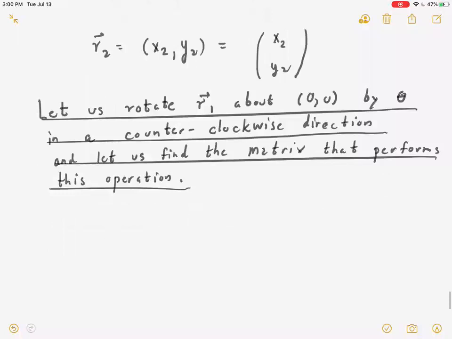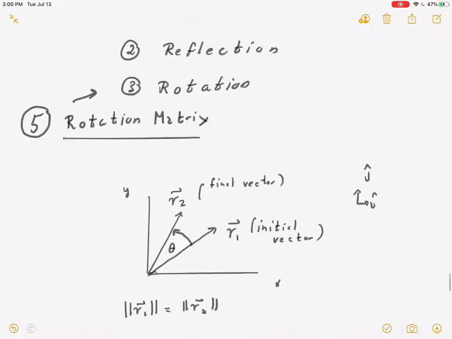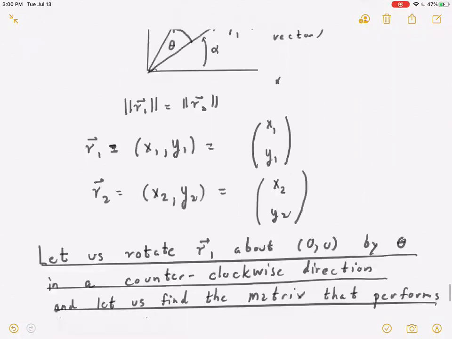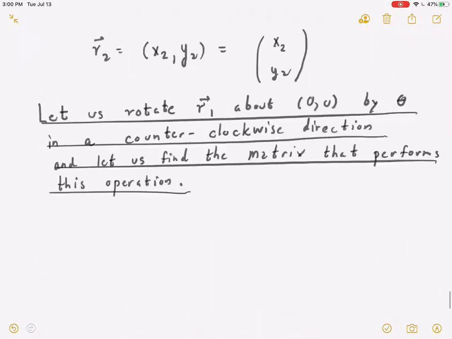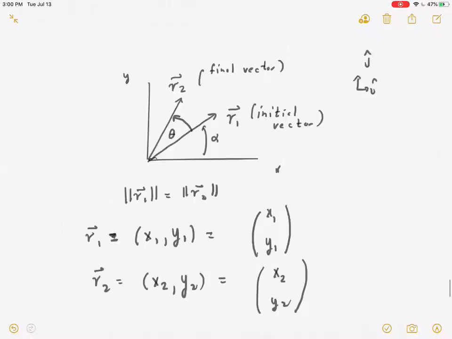So let's go back and look at this figure. I'm going to define an angle alpha that goes from the positive x-axis to R sub 1. So if I look at this diagram, here is R sub 1. It has components x sub 1, y sub 1. Here's R sub 2. It has components x sub 2, y sub 2.